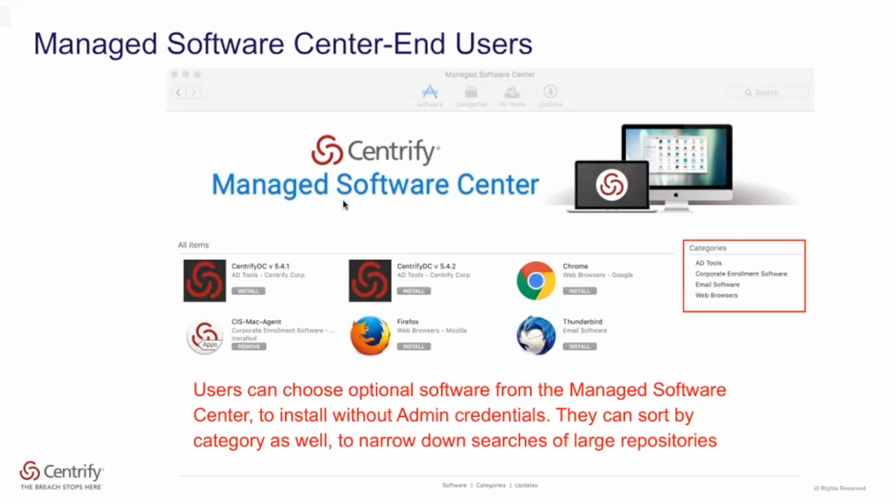The Software tab will include optional installs, so those that have unattended install set to false, which will allow them to choose which optional software to install and will not require admin rights to install it. On the right, they can also determine by categories which type of apps they're looking for if you have a large repository.